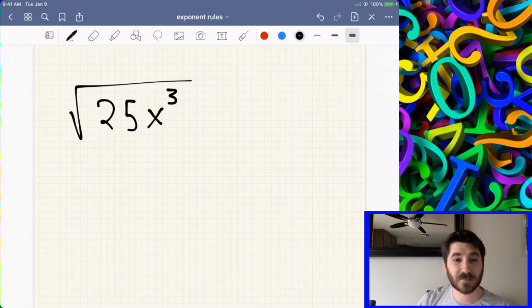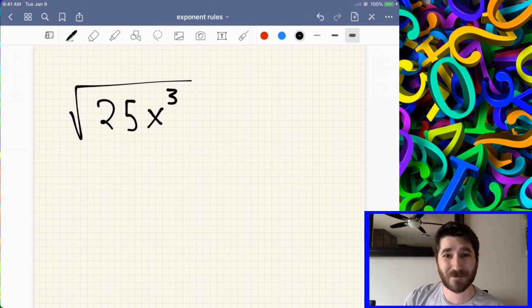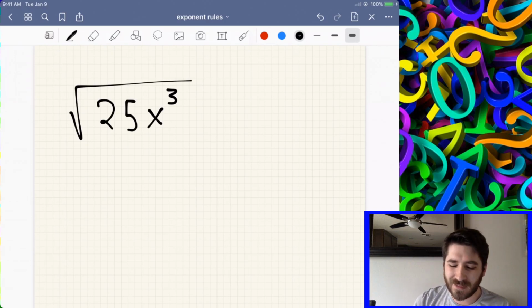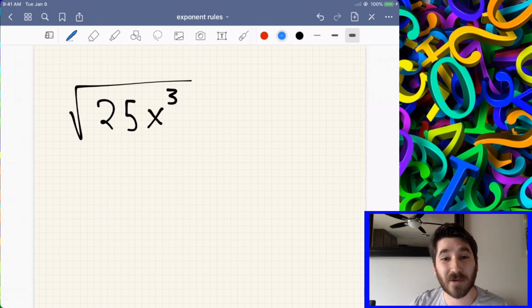Whoa, the square root of 25x to the power of 3. Now, we've seen problems in the past like the square root of 25, and we know how to do that. But what if we have x to the power of 3 in there too, and they're being multiplied? Let's take a look. Instead of dealing with this square root the same way you always have, let's use our new knowledge of exponents.